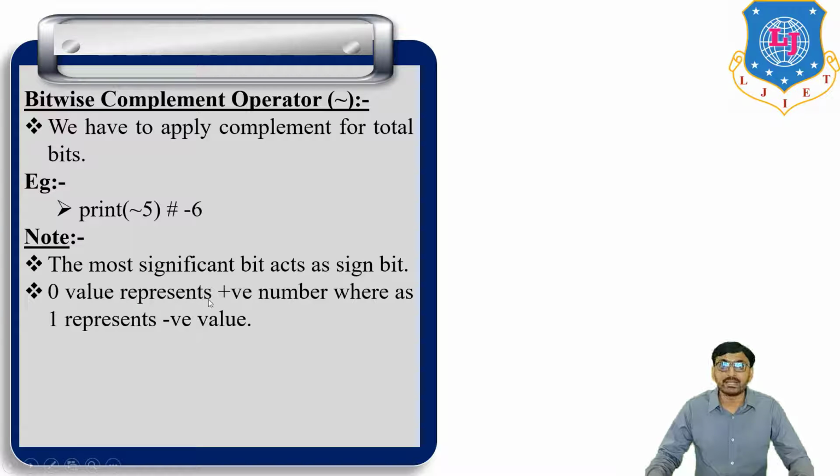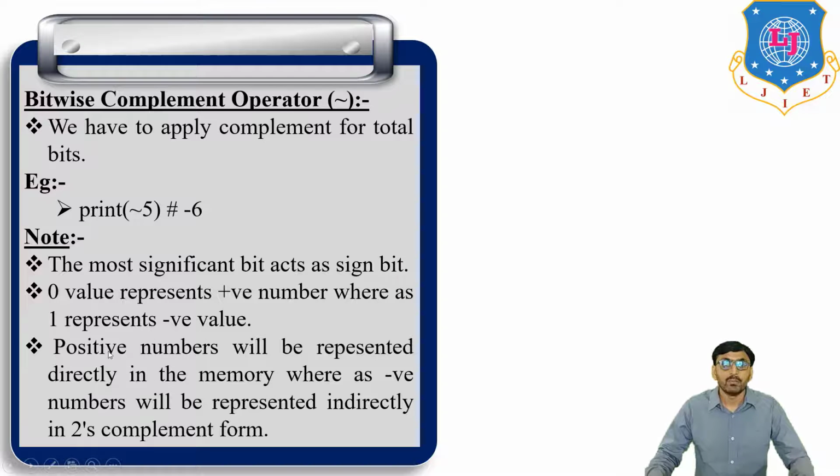A 0 value represents a plus number, whereas 1 represents a minus value. A positive number is represented directly in memory, whereas a negative number is represented indirectly in second complement form.